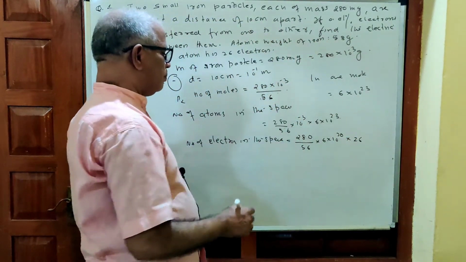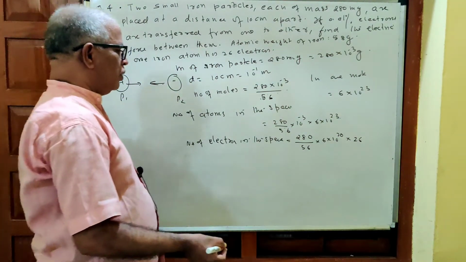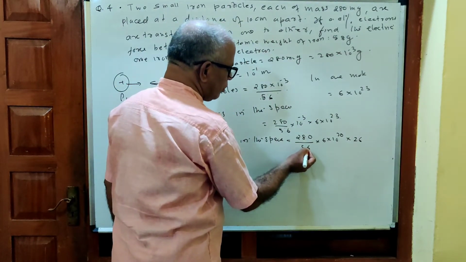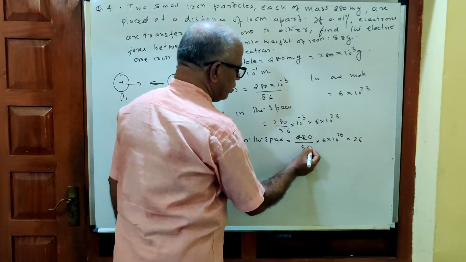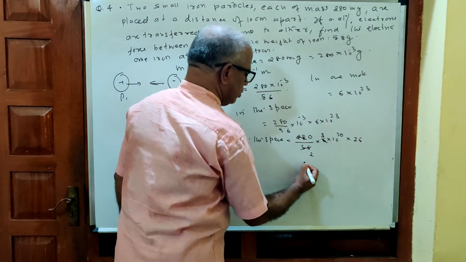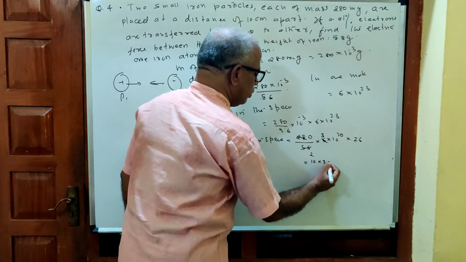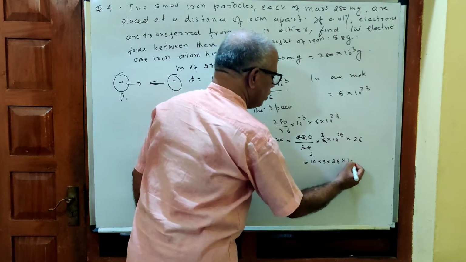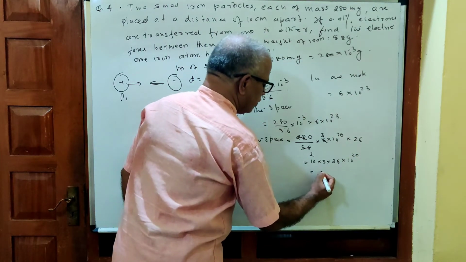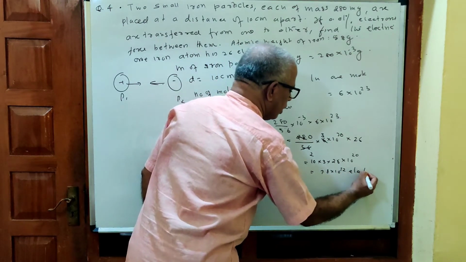So the total number of electrons in this specimen is 7.8 into 10 to the power 22 electrons.